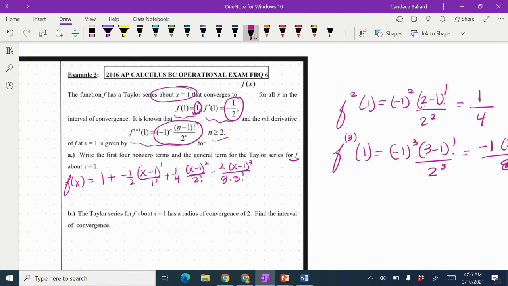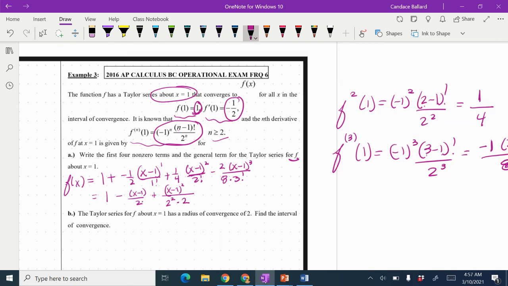That's the polynomial, okay? But we could simplify that just a little bit more so I can get my general term a little bit better. So I'm going to say negative x minus 1 divided by 2 plus x minus 1 squared over 2 squared times 2.